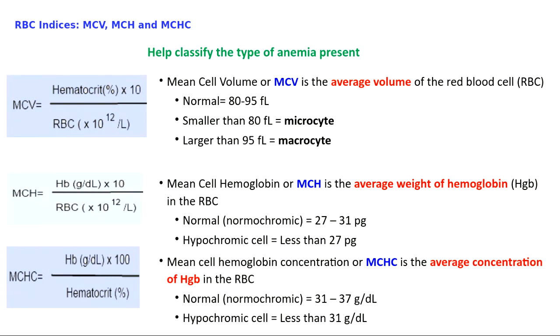Hypochromia is the medical term that we use to denote the amount of hemoglobin present in the red blood cells. Chromia is color, and the color of the red blood cells comes from the hemoglobin, and the hemoglobin contains the iron. So hypochromia is low color, and if there is low color of the red blood cells, that means that there is low hemoglobin and low iron.